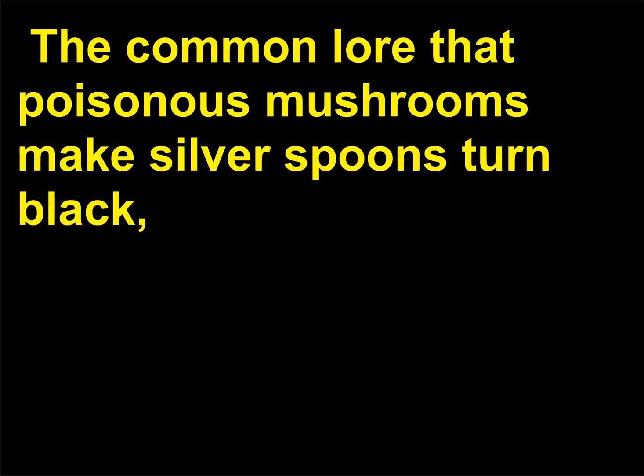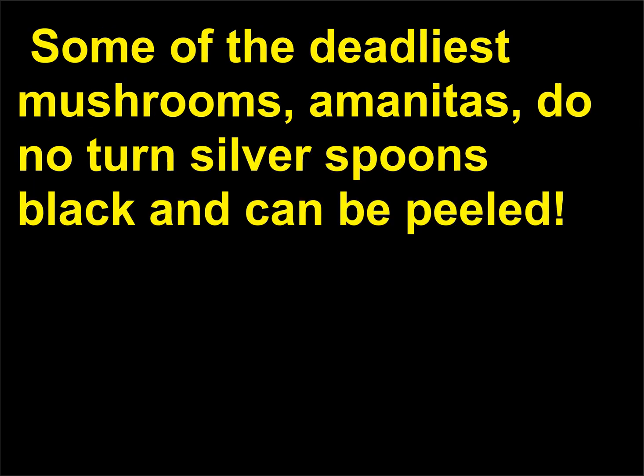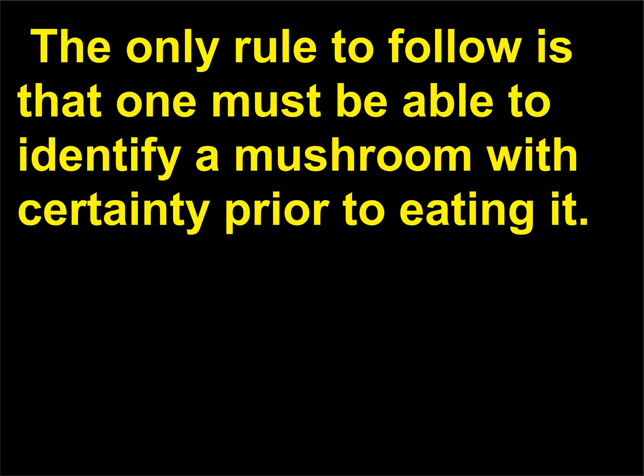The common lore that poisonous mushrooms make silver spoons turn black, while mushrooms that can be peeled are edible, is not true. Some of the deadliest mushrooms, amanitas, do not turn silver spoons black and can be peeled. The only rule to follow is that one must be able to identify a mushroom with certainty prior to eating it.